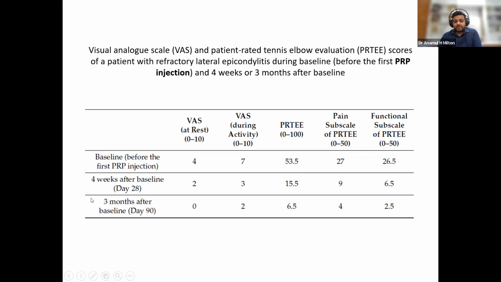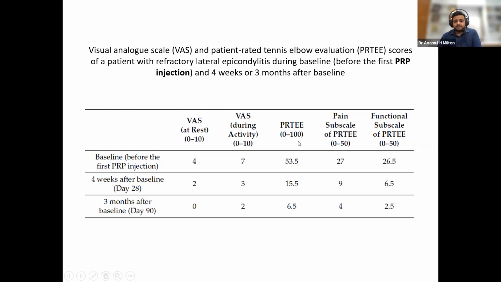After giving PRP, 4 weeks from the day of the first PRP, it has come down remarkably. And after 3 months, during the rest condition, there is no pain. During the forceful or activity position, it was near 2.